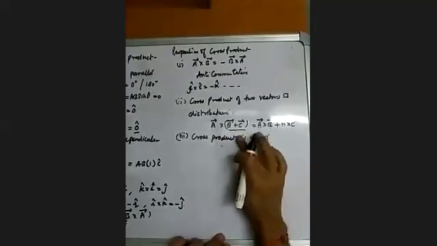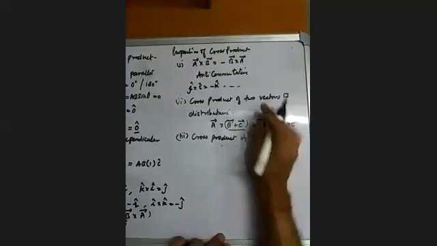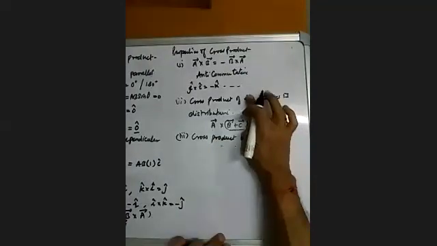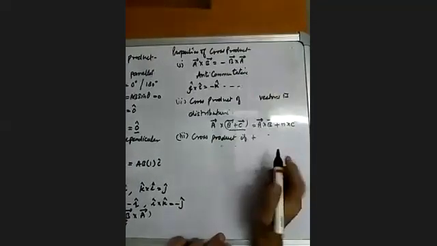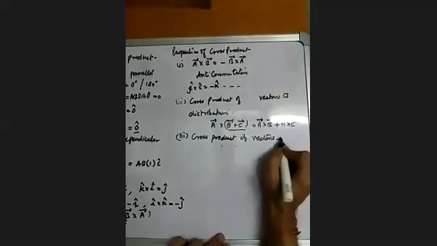Now here it is more than two vectors, so write down: the cross product of vectors is distributive and the cross product of vectors is associative.